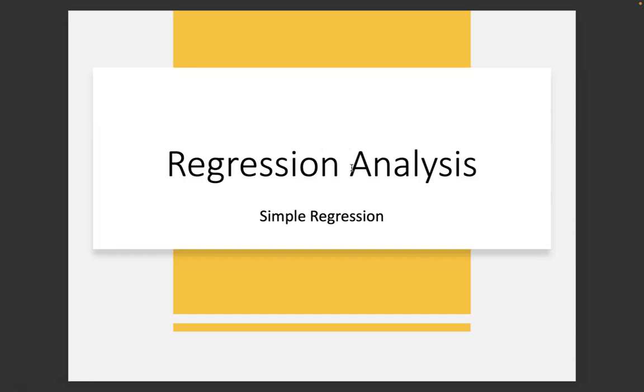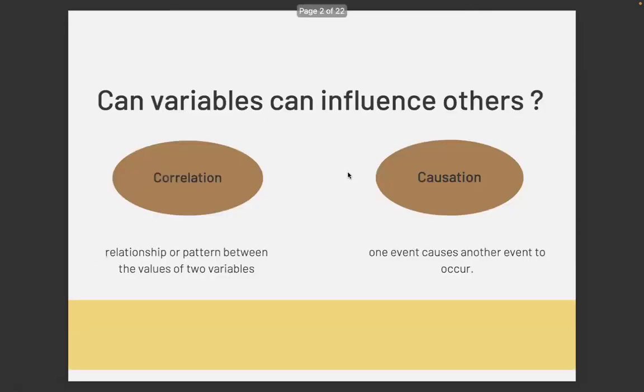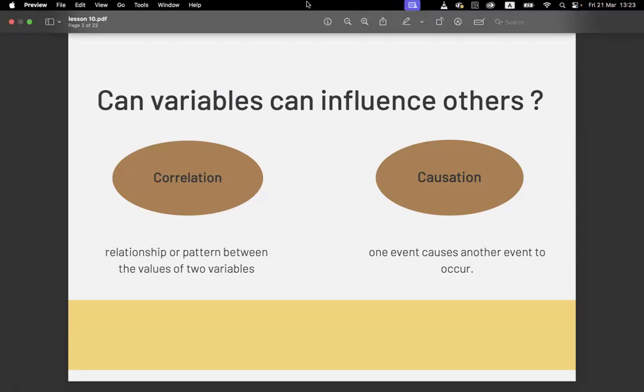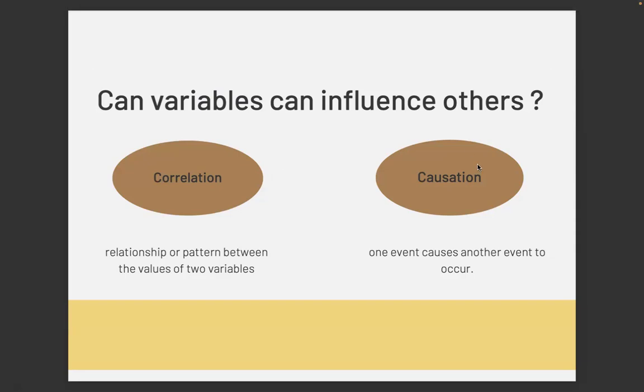Now, we'll discuss what is regression analysis. Can variables influence others? They are asking whether variables can influence others. One would be correlation, the other one would be causation.